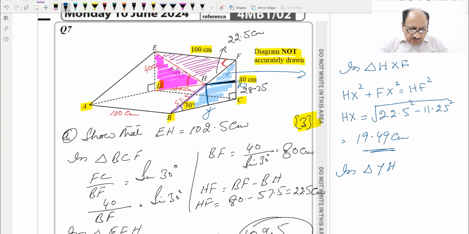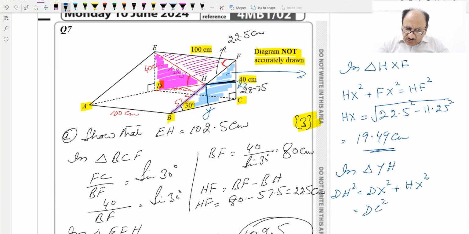In this triangle, DH square is equal to DX square plus HX square.